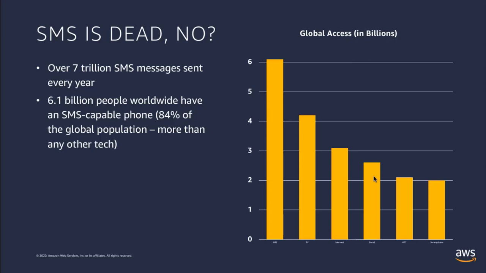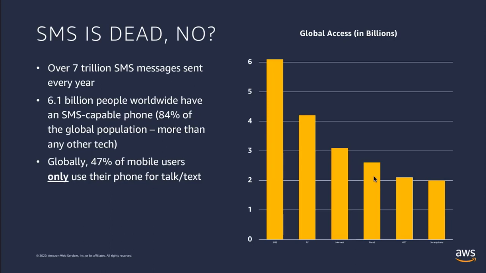We often think of smartphones, which of course have amazing penetration, I think over 2 billion devices. But think about some other markets where smartphones might not be as prevalent. SMS is one of the most widely adopted, if not the most adopted, channels out there. So over 6.1 billion people have the ability to receive an SMS.